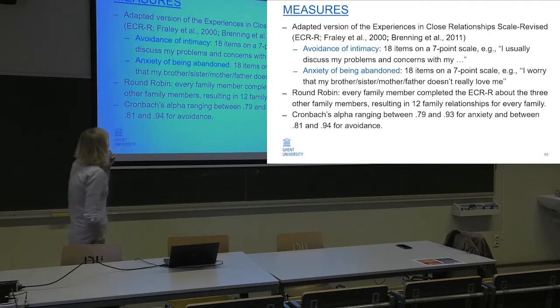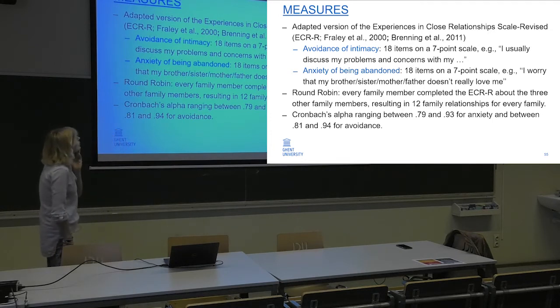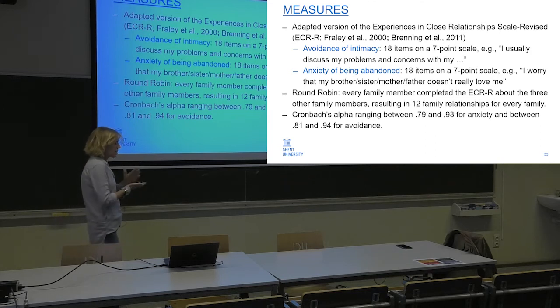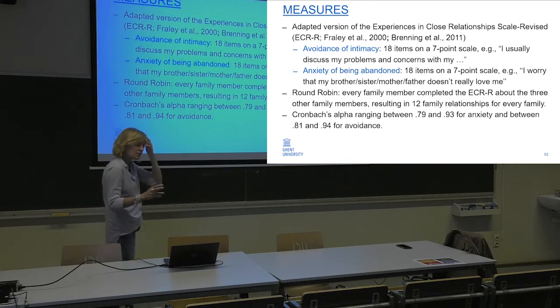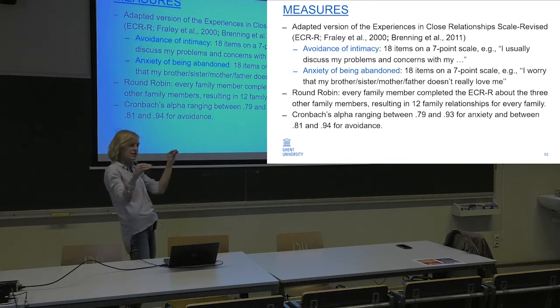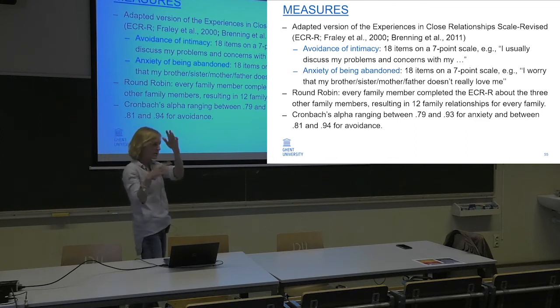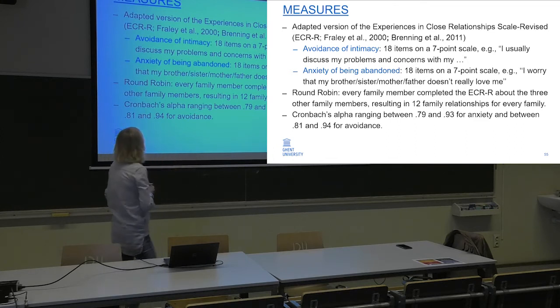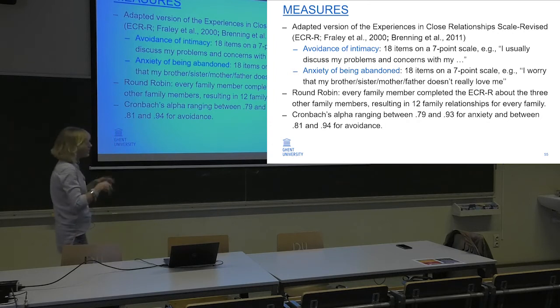We had an adapted version of the Experiences in Close Relationships. Why adapted? Because this is an instrument that is often used in couple relationships. But if you have this round-robin design, you have to adapt it so that everyone can answer all the questions about everyone.